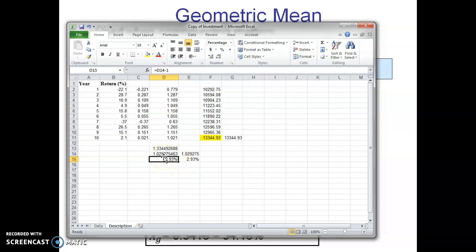But if we want to actually figure out how we turn a starting value into a final value, we would use this number here and just multiply that starting value by the multiplier here. 10,000 times 1.334493 is equal to $13,344.93.